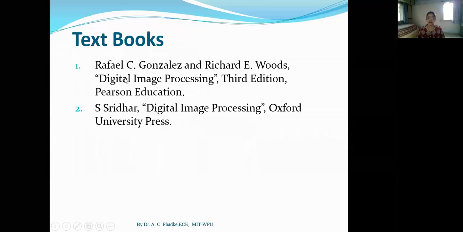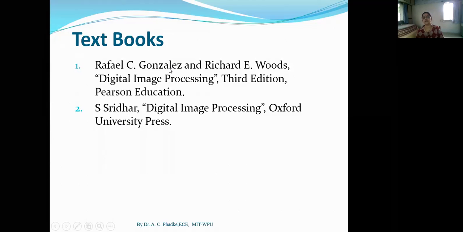So these are the textbooks. All these topics are very well covered in the book by Gonzalez and Woods, Digital Image Processing, third edition by Pearson Education. And all these units are also very well explained in Sridhar's book for theoretical conceptual understanding.